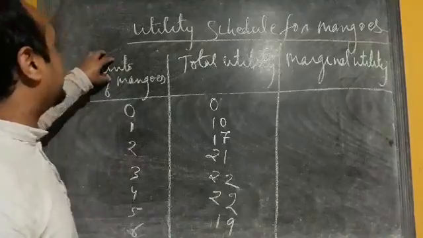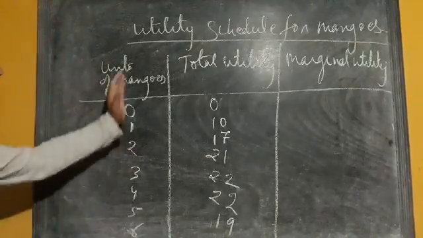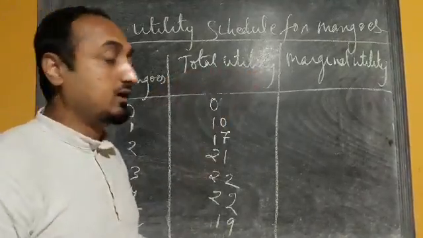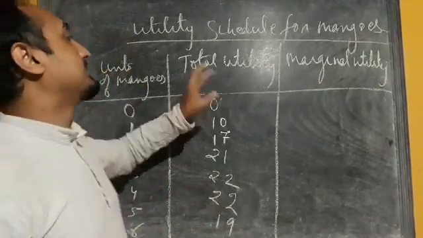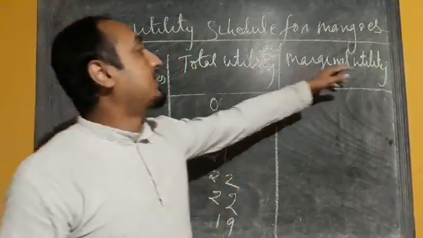Now we have mentioned the units of mangoes in the first column, in the second column we have total utility. Now if these two pieces of information are given, we can easily find the marginal utility.